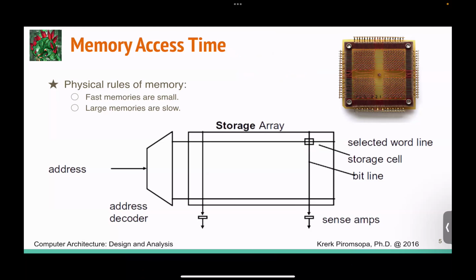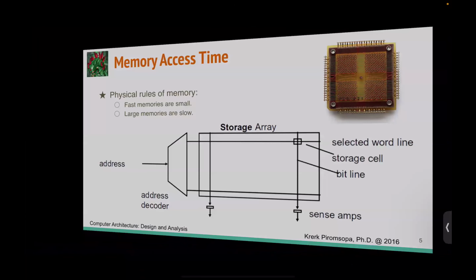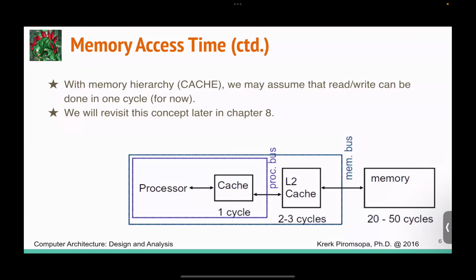So we're going to come back and see how we can make the memory faster later, but for now in general, large memory means slow. Again, later we're going to make it faster with something that we call cache, but not now, that's later.